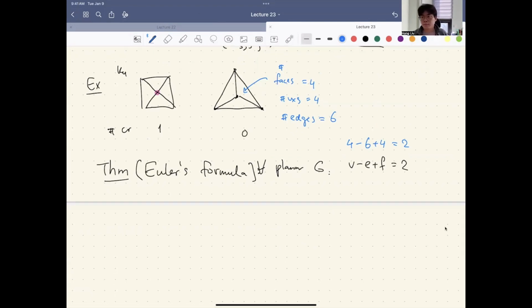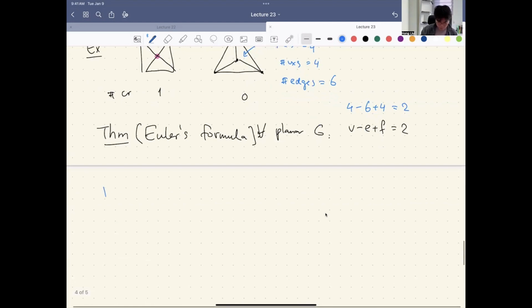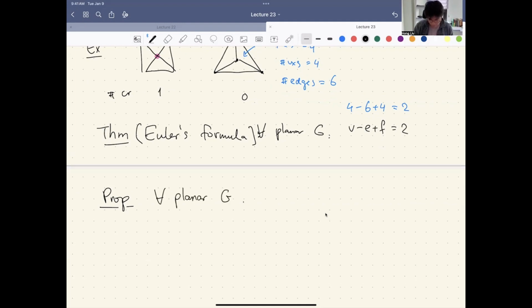Now, the first thing we're going to prove is a simple relation between the number of faces and the number of edges. I will call this a proposition. For any planar graph, the number of edges is at least 3 times the number of faces divided by 2.